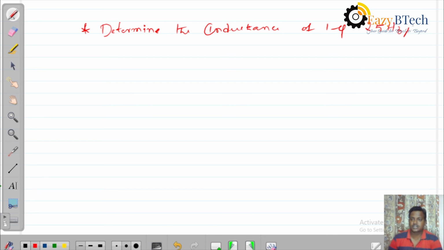This is also one type of problem in this single phase system, that is, determine the inductance of a single phase 25 Hz, 16 kilometer long transmission line. They mention the length of the transmission system, it is 16 kilometers.